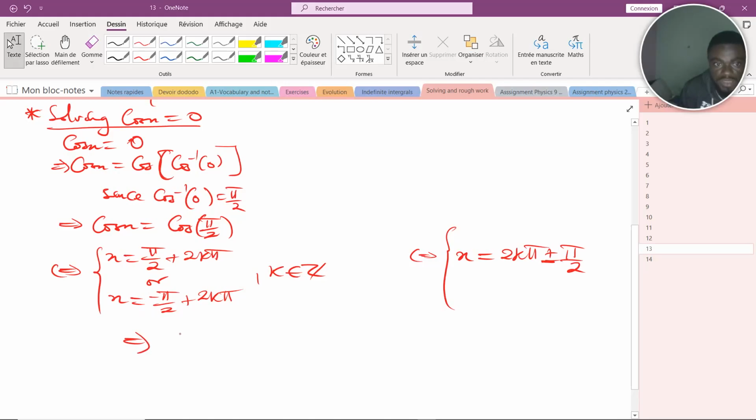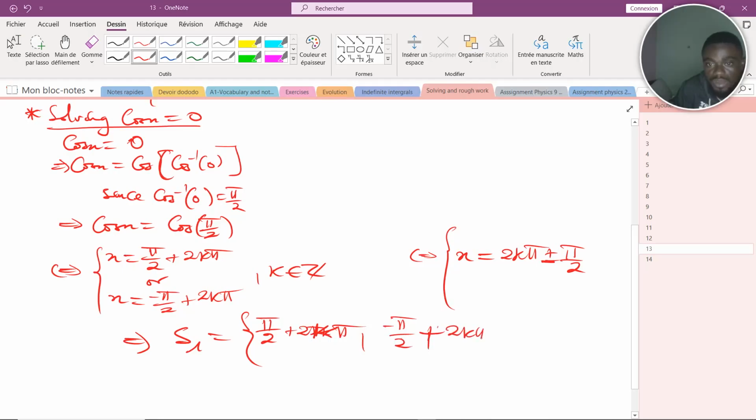So this implies the general solution S1 for this will be what? Any number of this form: pi on 2 plus 2k pi, or minus pi on 2 plus 2k pi, with k belonging to the set of integers.